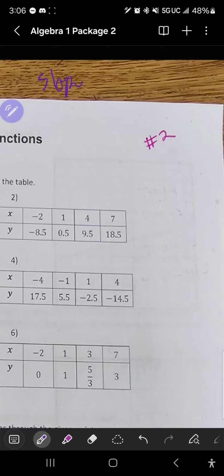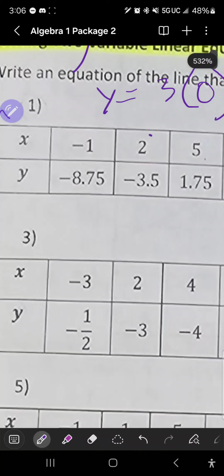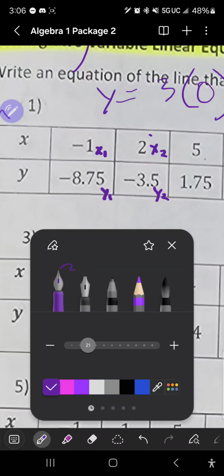The slope m equals y2 minus y1 over x2 minus x1. In this case I'm going to use this as x2, this as x1, this is y1, this is y2.